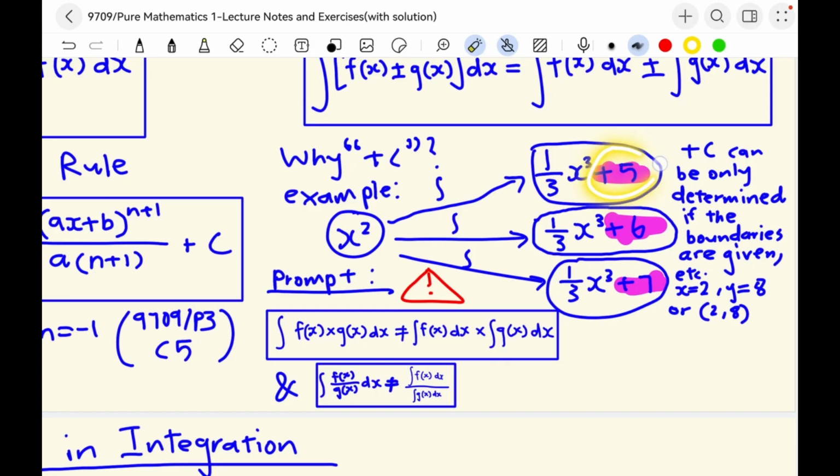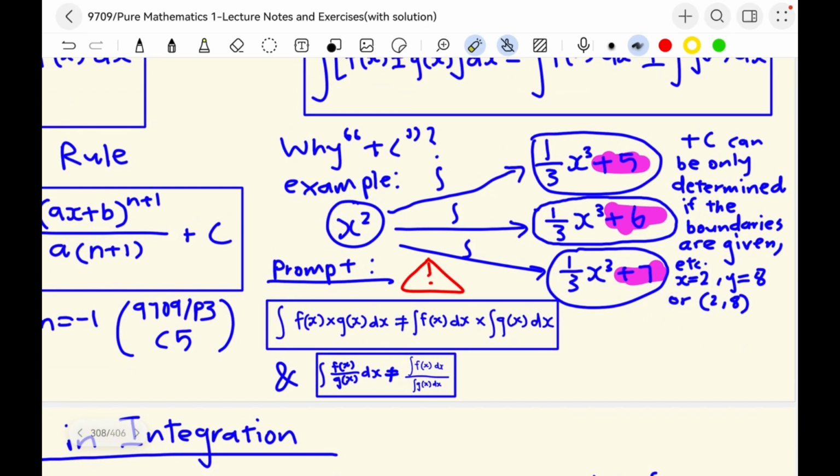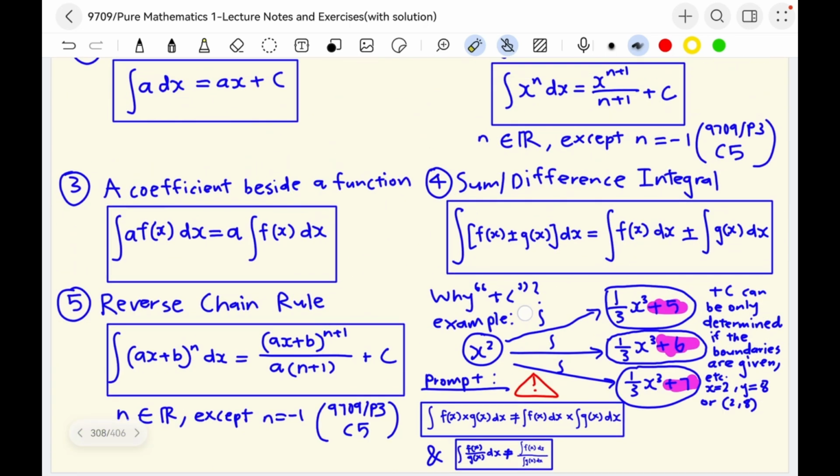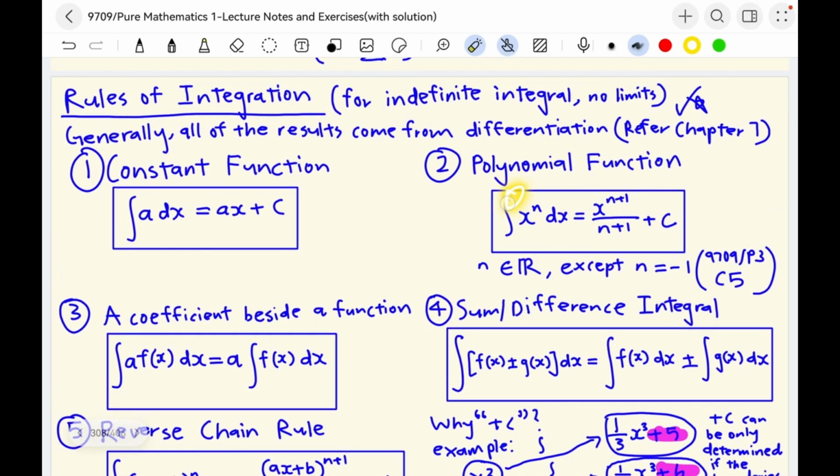Because the plus c graphically represents a translation. So it can be +5, +6, +7, provided that c is a real number. This is why for indefinite integrals, without the limits given, plus c must be added. Please bear that in mind.